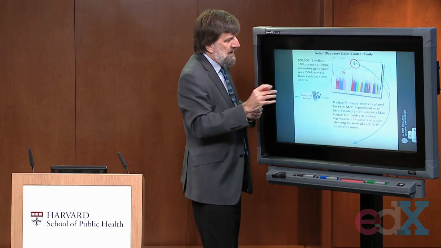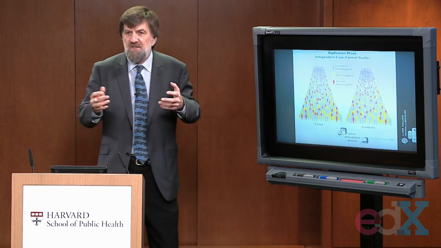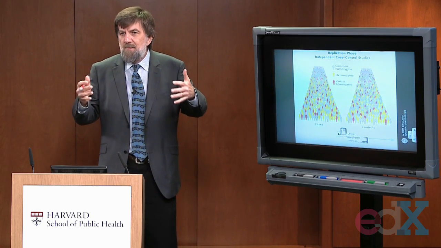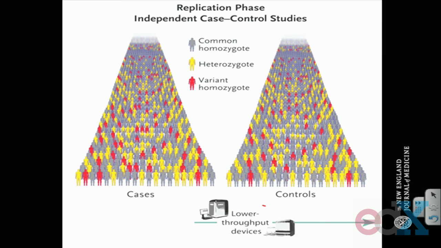So what we do is we skim off the most extreme p-values here and then use lower cost per sample techniques to see, for as many of the initially extreme associations, how many of them replicate in a larger series. In the replication phase, we assemble as many independent case control studies as we can. We use lower throughput, but also lower cost per subject devices, and we just repeat the exercise.